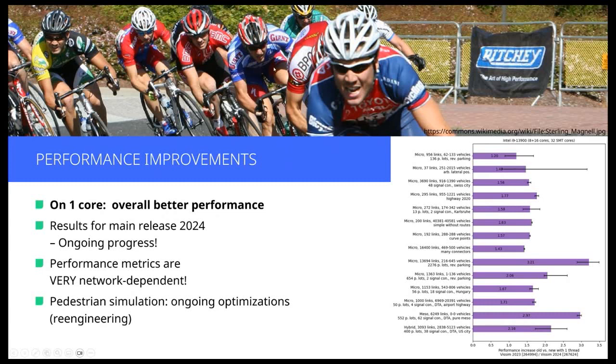Different to RBC improvements, here is something which everyone will be interested in, and that's that Vissim, the vehicle simulation, is faster. How much faster, you will ask, and that depends heavily on the model. What you see here is performance improvements when you simulate single-threaded, so only one core at a time.